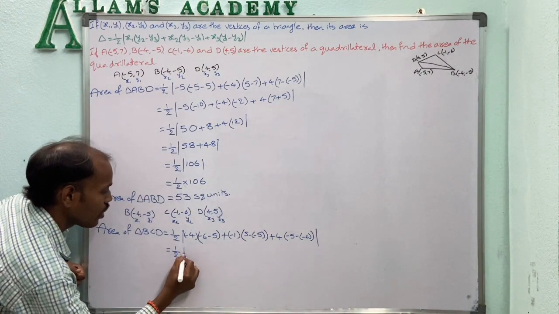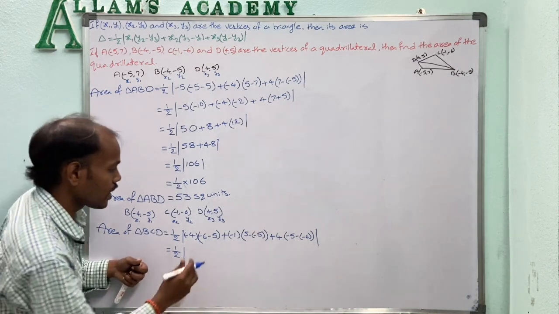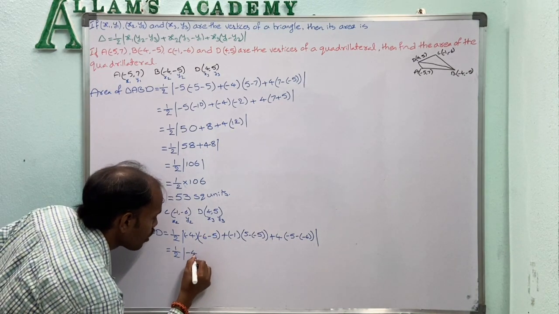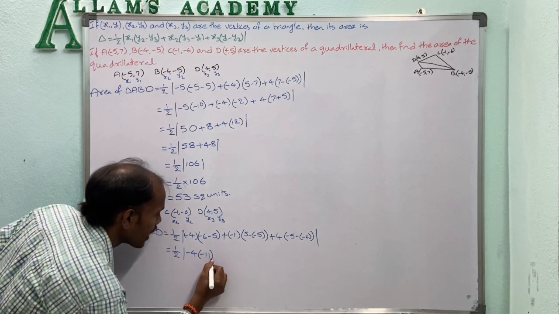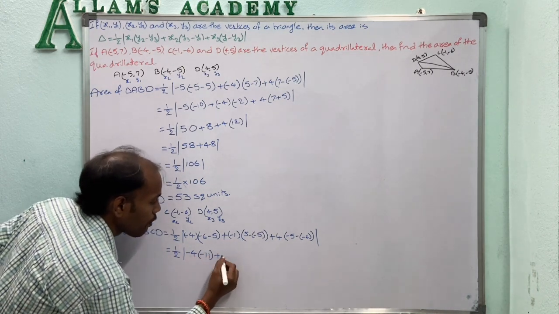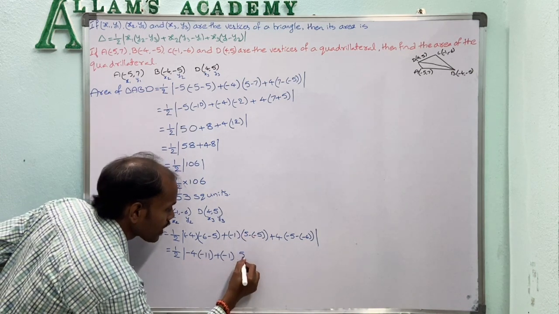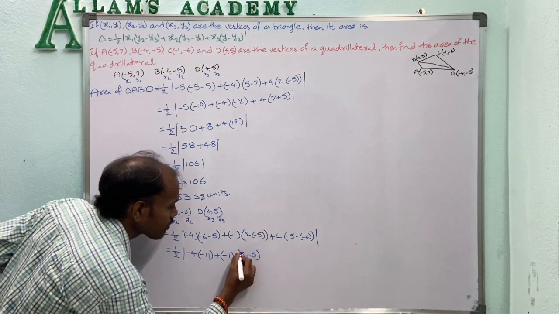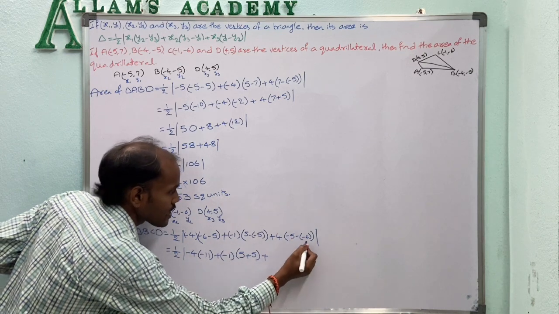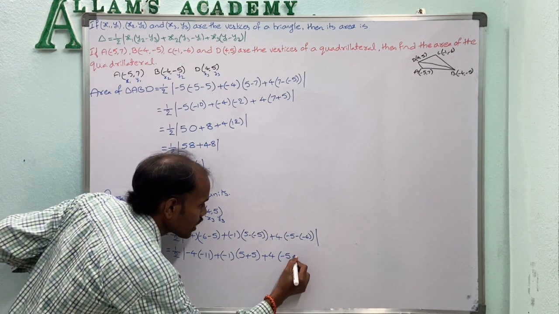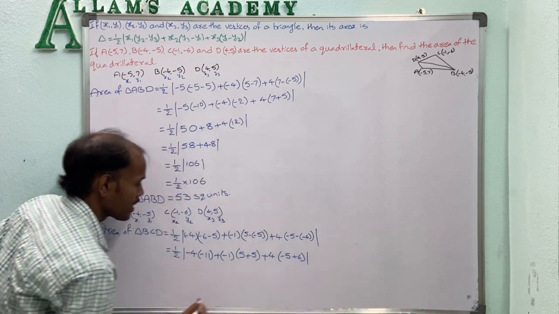That equals half mod of -6 minus 5, which is -11, so -4 into -11, plus -1 into (5 plus 5), plus 4 into (-5 plus 6).